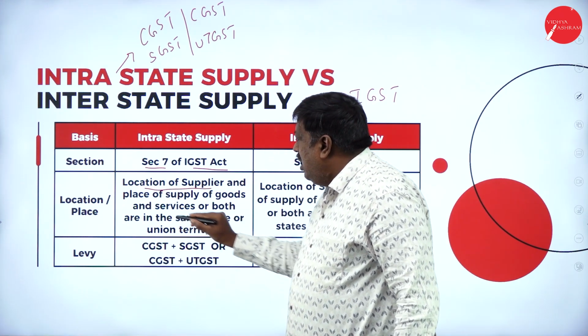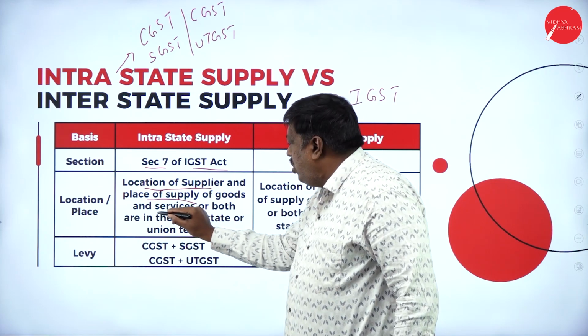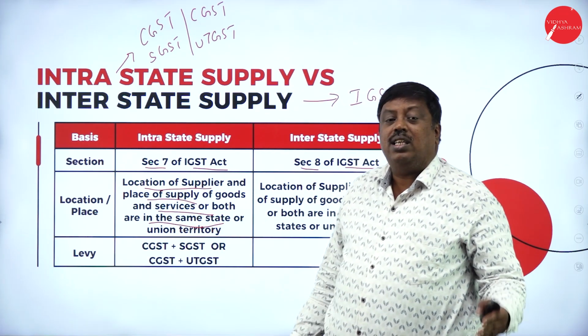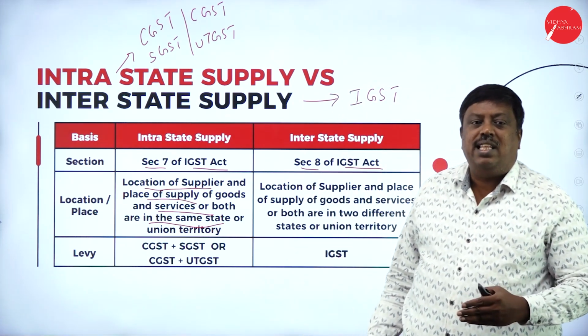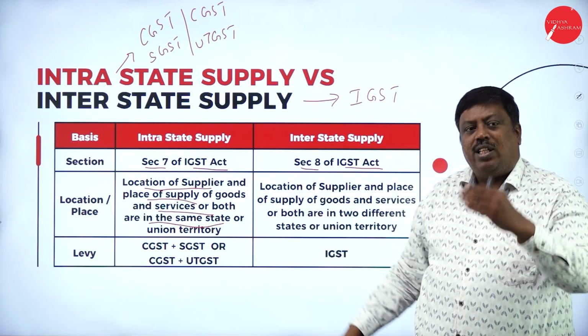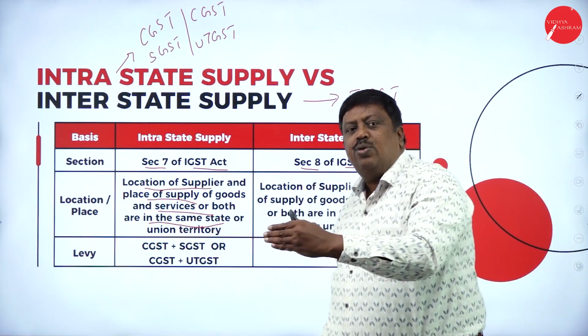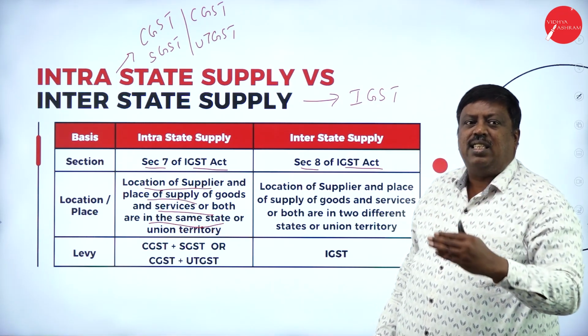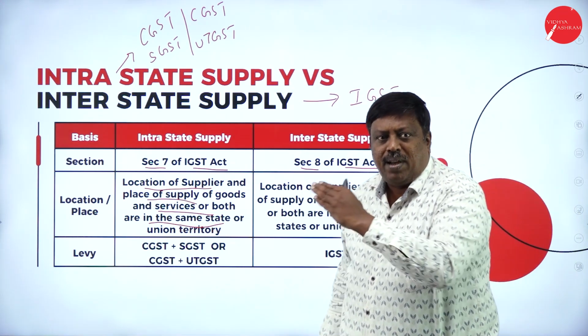Section 7 says that when the location of the supplier and the place of supply of goods or services are both in the same state or same union territory, that is, within the boundaries of the same state or union territory, it is called intrastate supply.